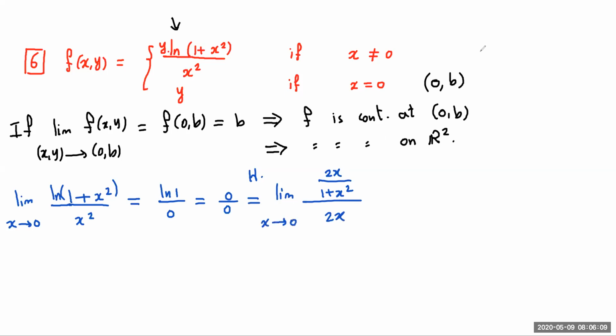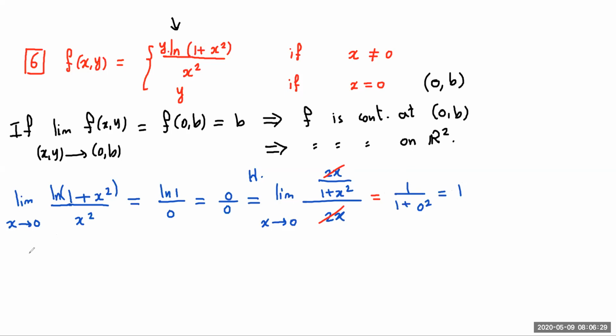So I will cancel 2x with 2x. So I have the limit of 1 over 1 plus x power 2, which is 1 over 1 plus 0 power 2. So it's 1. So the answer of this limit is 1.